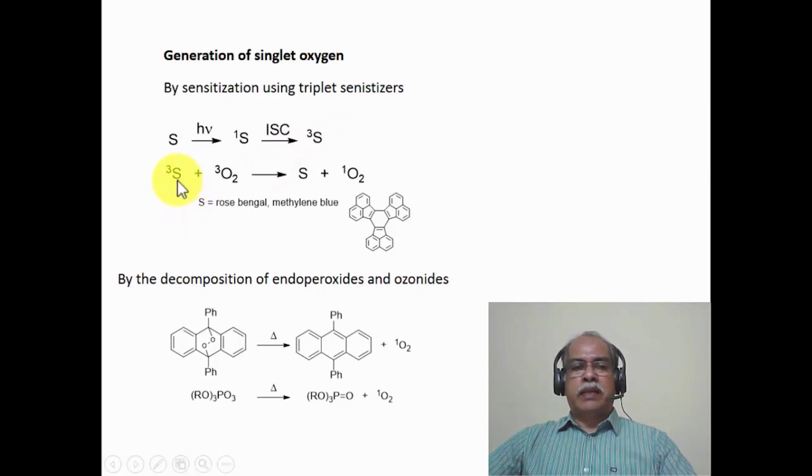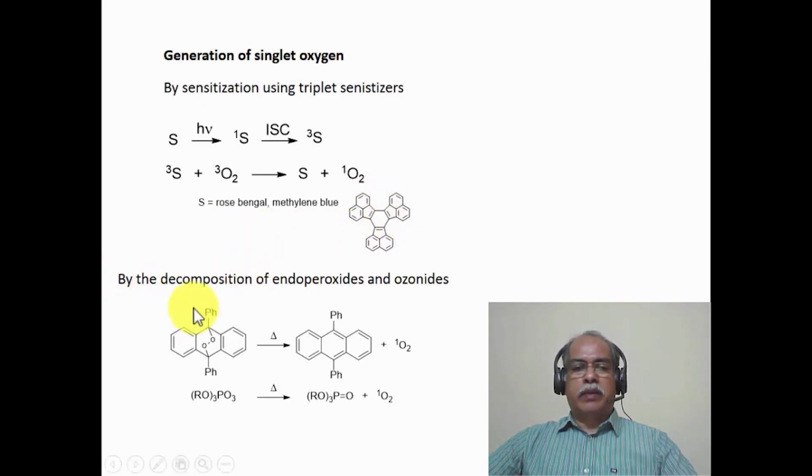The triplet state undergoes an energy transfer to the triplet state of the oxygen, which is the ground state oxygen, producing the singlet sensitizer back, and in the process forming singlet oxygen, which is the excited state oxygen. Dyes like rose bengal, methylene blue, and this particular aromatic compound are extremely efficient singlet oxygen producing dyes.